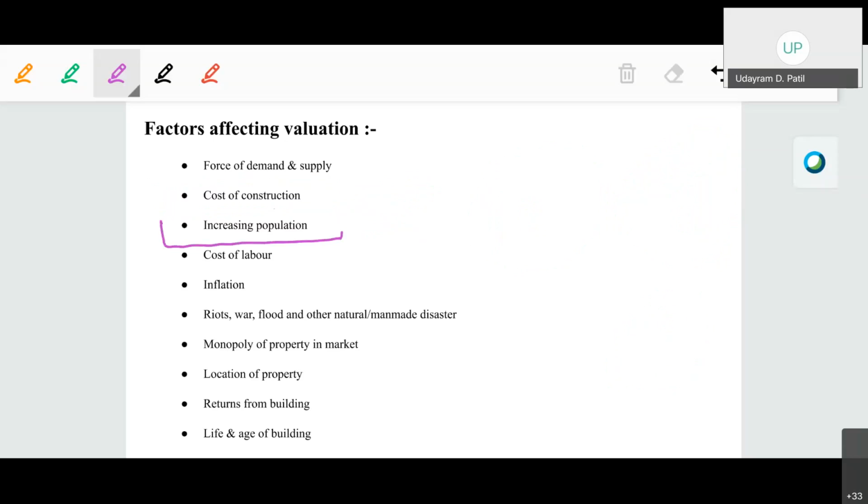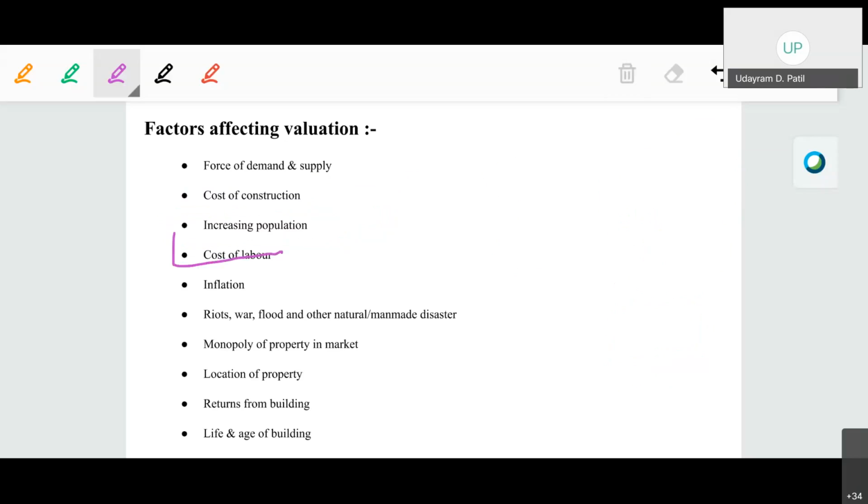Next is increasing population. As the population increases, the demand will increase and the supply will be constant. Therefore, as the demand increases, the value of the property will go higher. So increasing population means increasing demand means increasing value.